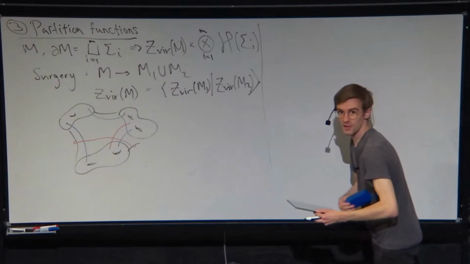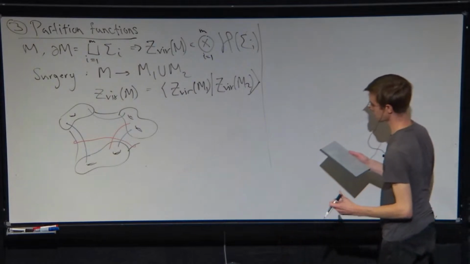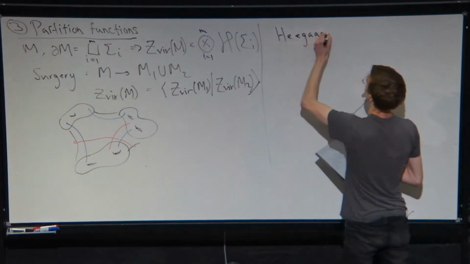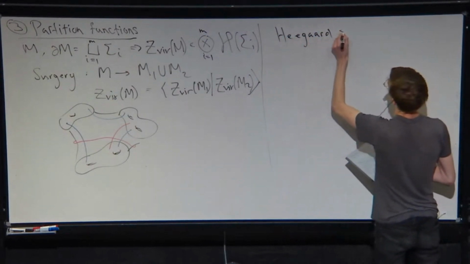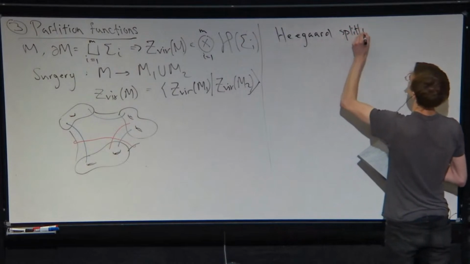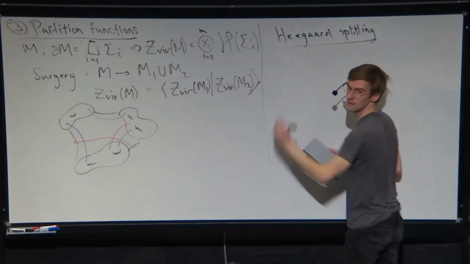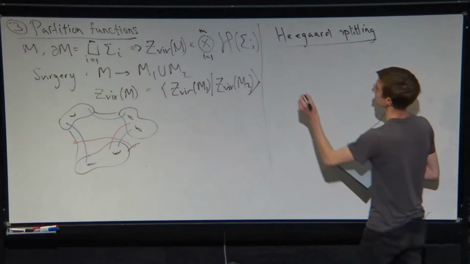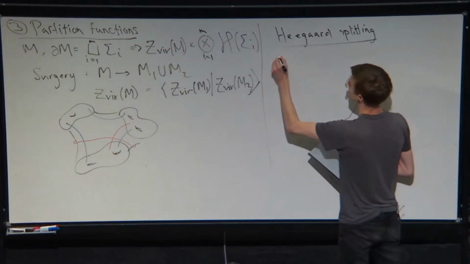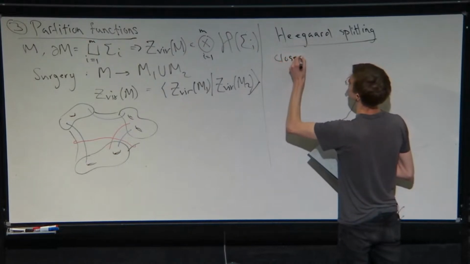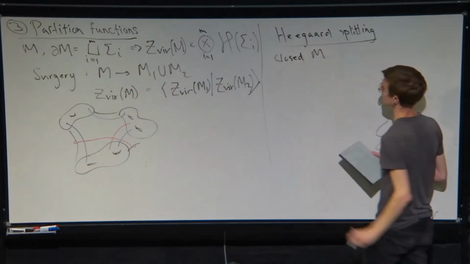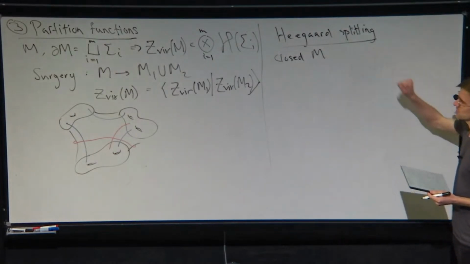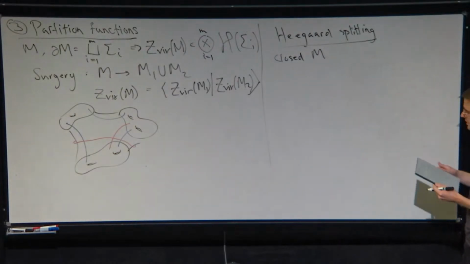Okay, so the main technique that we found useful goes in the math literature under the name of Heegaard splitting. So let me start, just for simplicity, by discussing some closed three-manifold M. Almost all the examples I'll discuss later will have boundaries, but this is just to illustrate the idea.